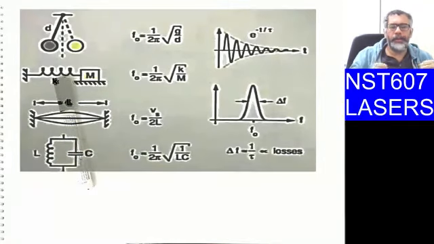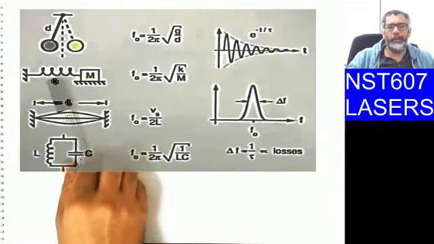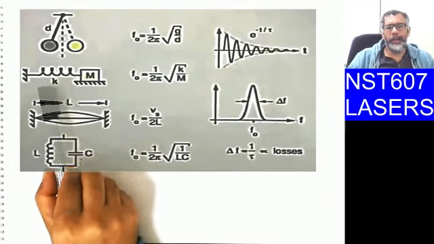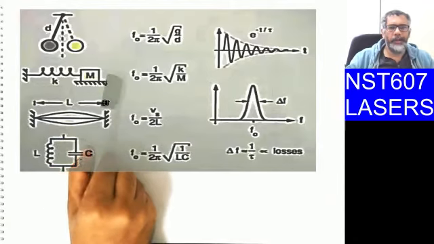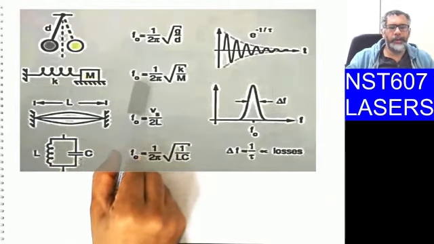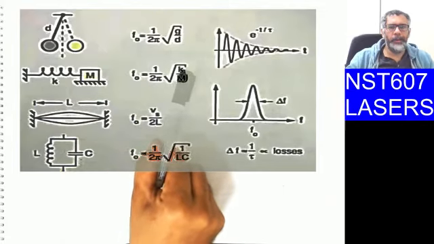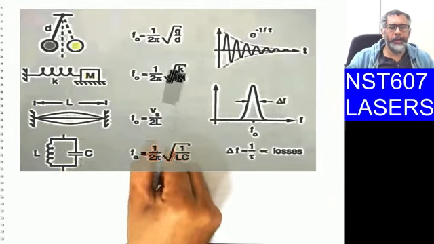But if you have a soft spring, then k is small. So k describes the hardness of the spring, and naturally, a harder spring moves faster and faster. It will increase its frequency, and as you expect, the frequency is proportional to the square root of k.